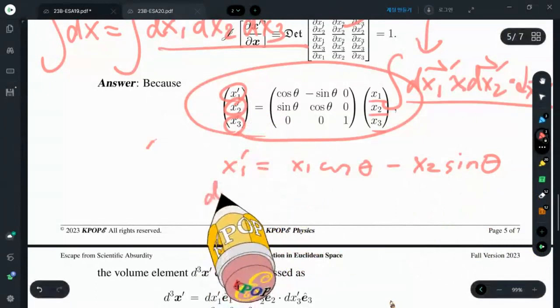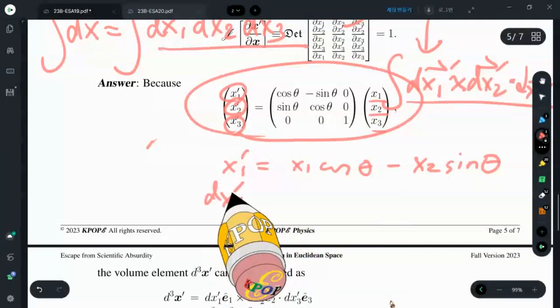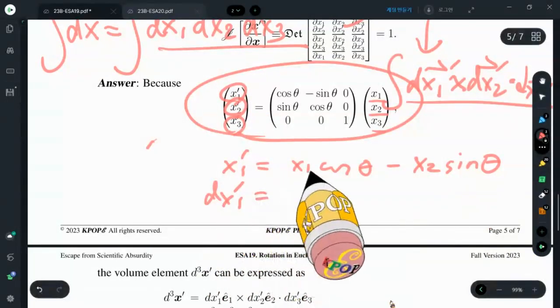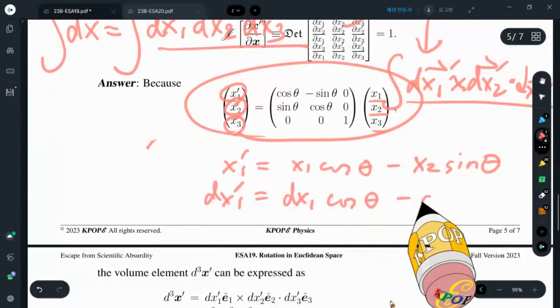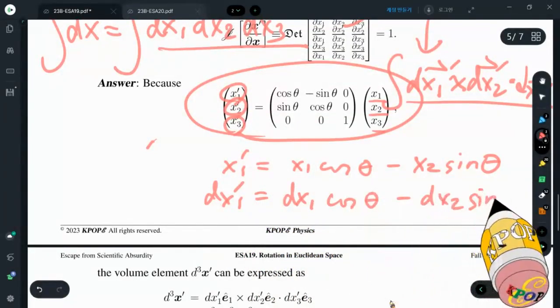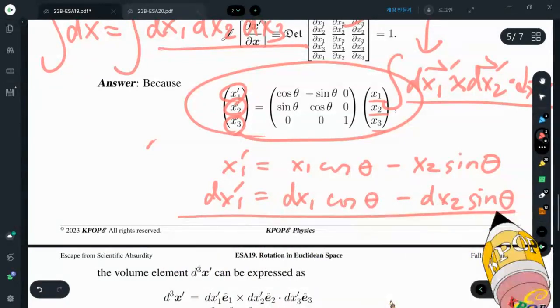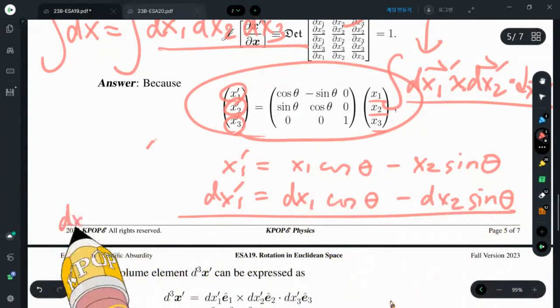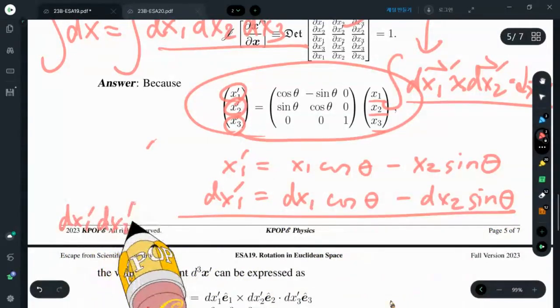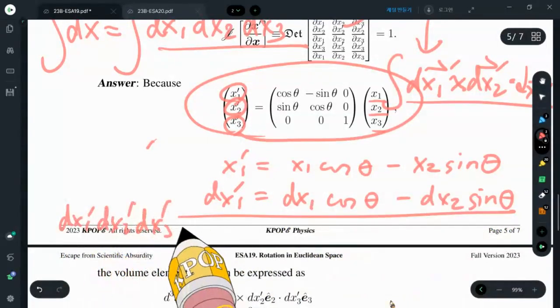What should I do if I want to compute the dx prime? What I need to do is find the differential. Okay? Oh, they are mixed. What I want to do is x1 prime, x2 prime, x3 prime.